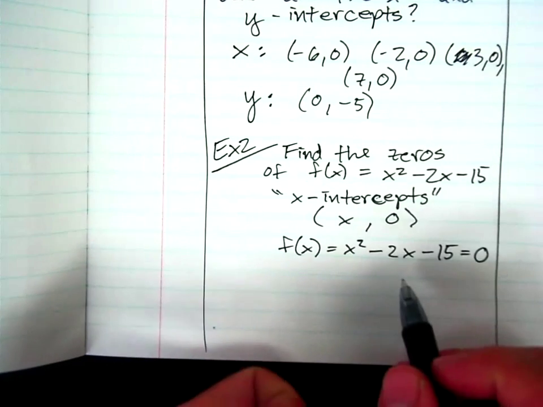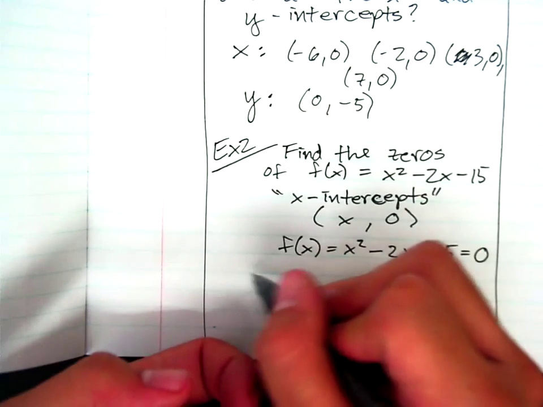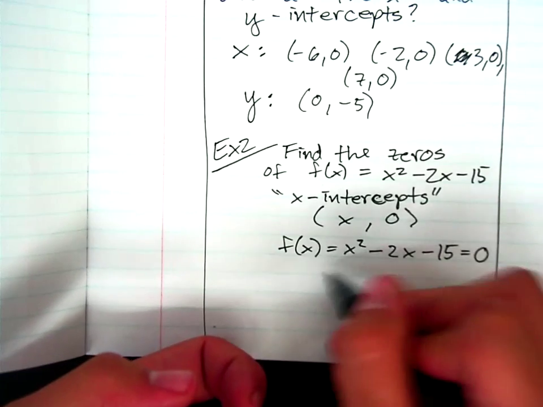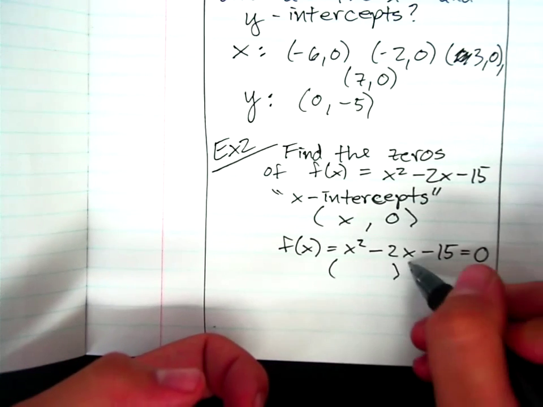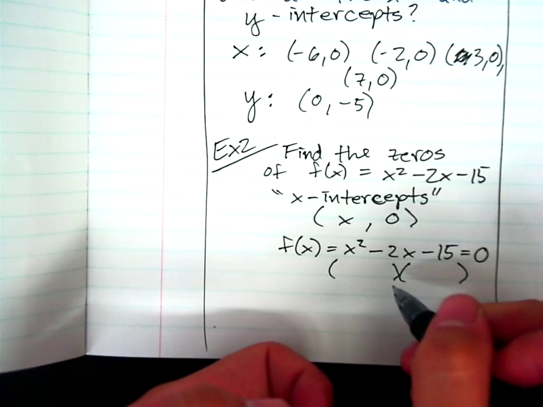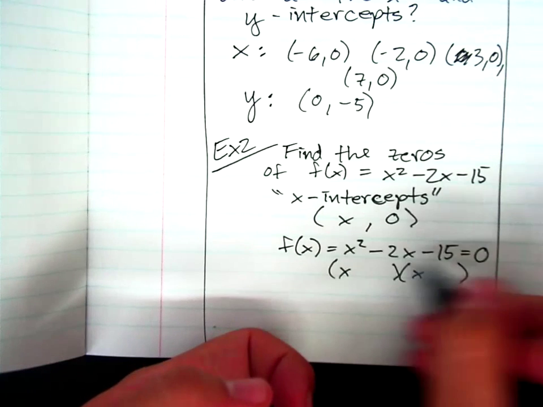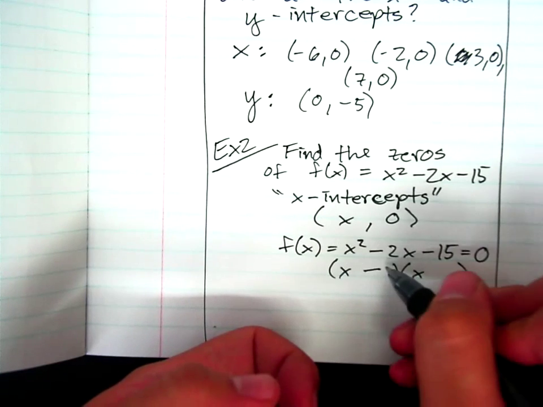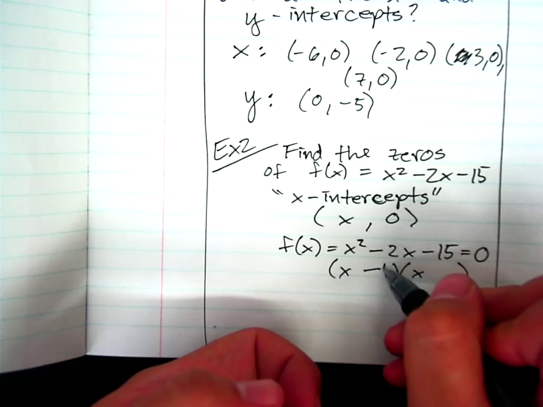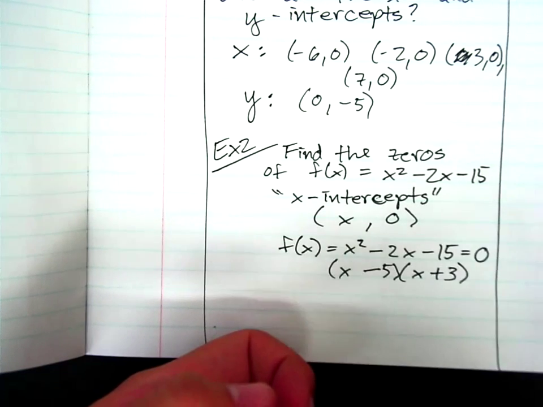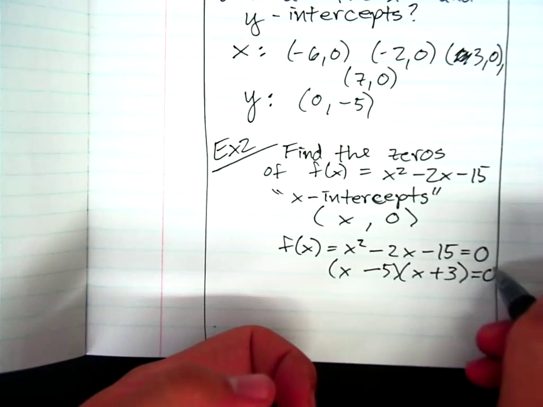This is actually on your last review packet, and as you might remember, at this point you would have to factor. I'm going to go ahead and skip a step because this one's actually pretty easy to do by guess and check. So here I have x and x, and then over here I have minus 5 plus 3, all of this being equal to 0.